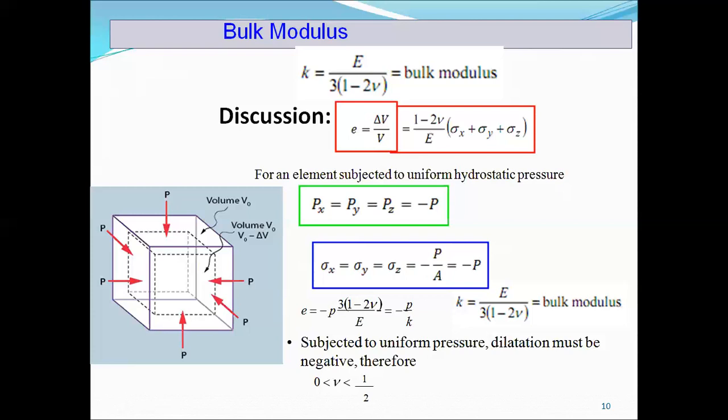So it means that mu would always be between 0 and 0.5. A very, very important conclusion from this topic. So for all isotropic materials, mu would always be between 0 and 0.5.